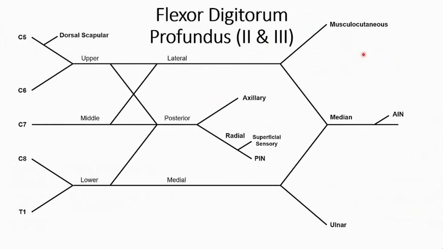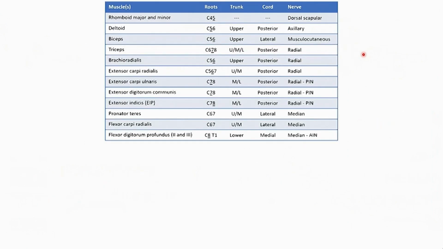Flexor digitorum profundus for the second and third digits, C8, T1, lower trunk, medial cord, median nerve, anterior interosseous nerve branch. Primarily a C8 muscle.